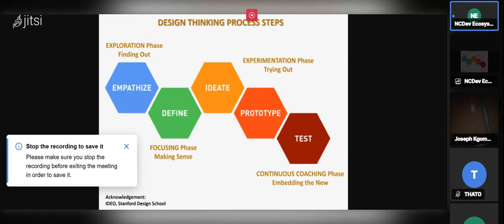After empathizing with them, now we are able to write down what the problem really is, right? And after identifying clearly what the problem is, only then are we able to start coming up with ideas in terms of what the potential solutions are, right?